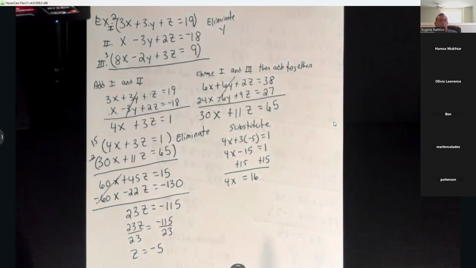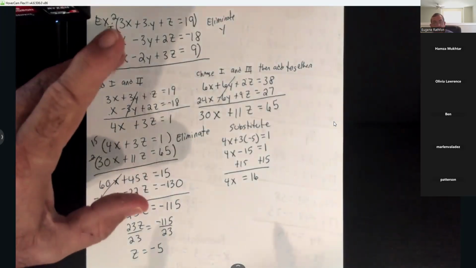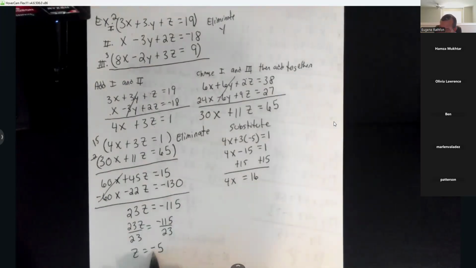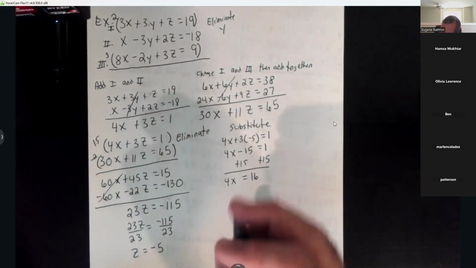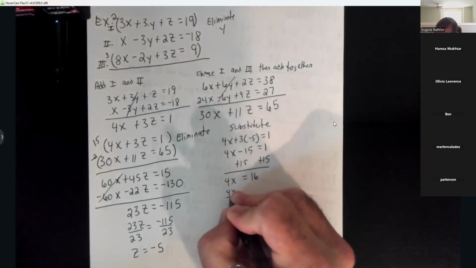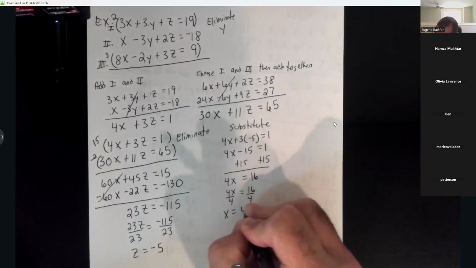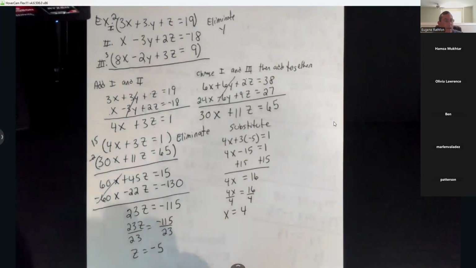If you work in these 3 by 4 ones and you end up with decimals or something like that, you probably made a mistake somewhere, because all these should come out as nice integers. Say what you got? 4, that looks good. So z is -5, x is 4.